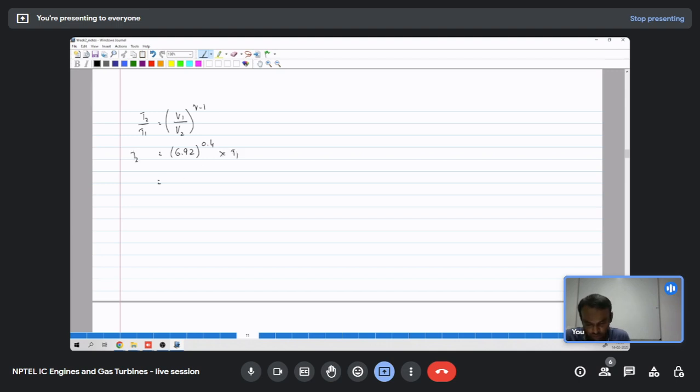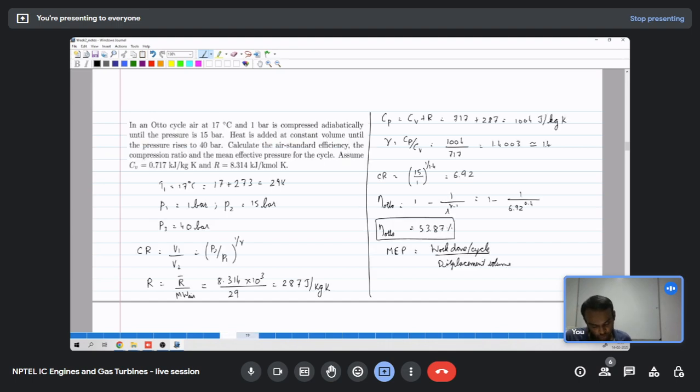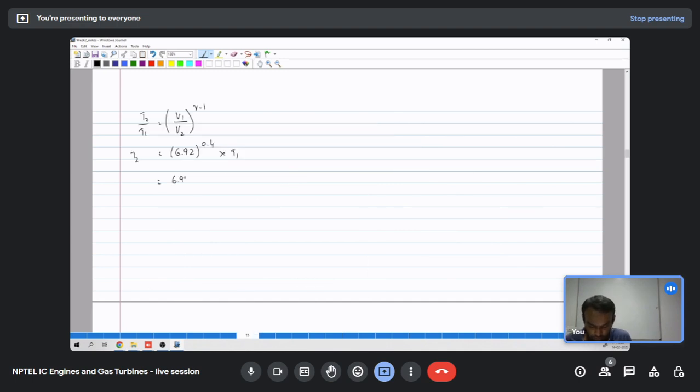T1, we know that it is 290 Kelvin, right? 17 plus 273. So 6.92 power 0.4 into 290. So we would have T2 is 628.7 Kelvin.